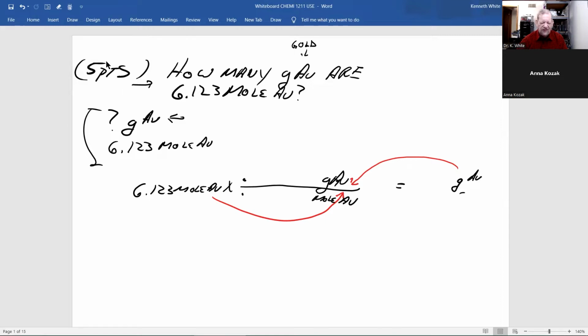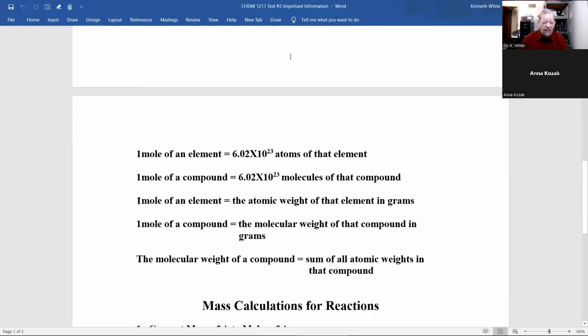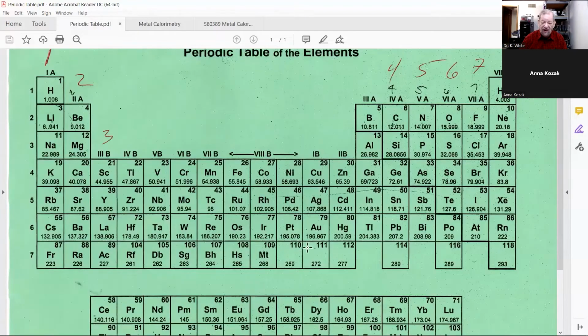And where do I get these numbers for the ratio? Well, you look at important information, and it says 1 mole of an element equals the atomic weight of that element in grams. First of all, we need the atomic weight of gold.